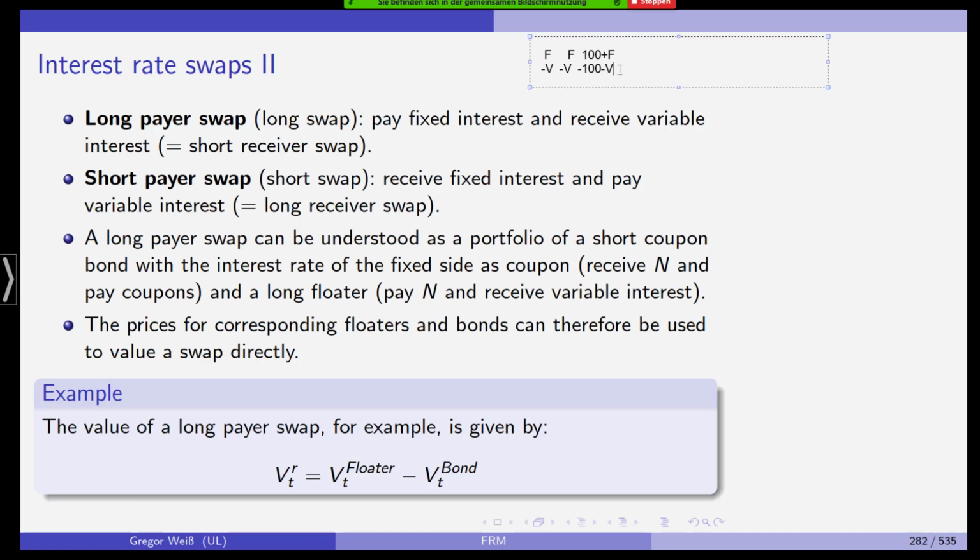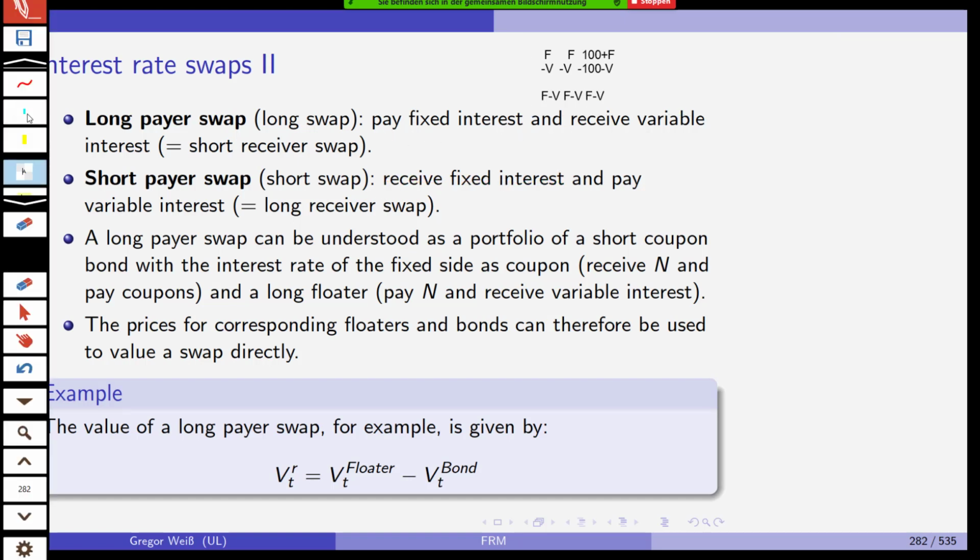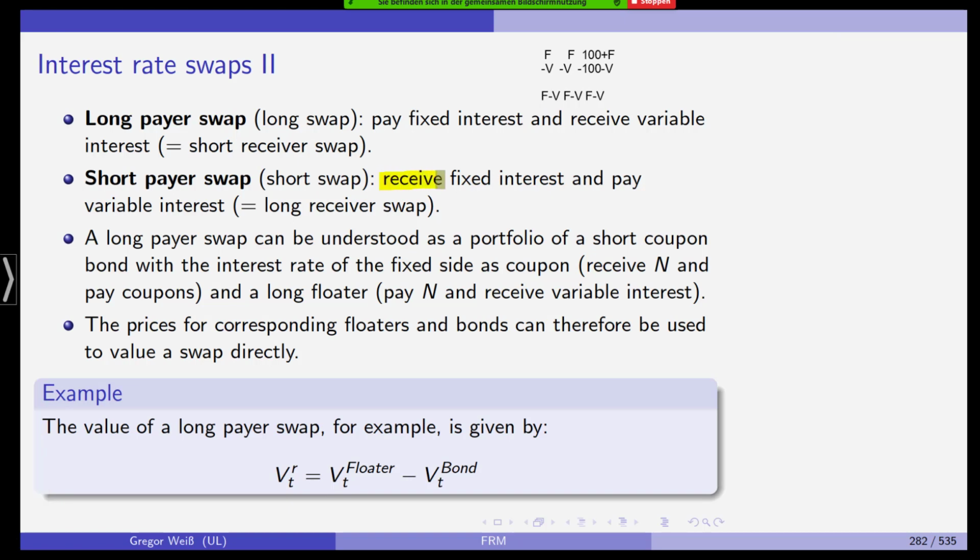What we get in essence is F minus V, F minus V, F minus V. So this is what we receive, fixed interest payment. We receive fixed, and we pay variable interest, minus V, minus V, minus V. So this is a short swap.